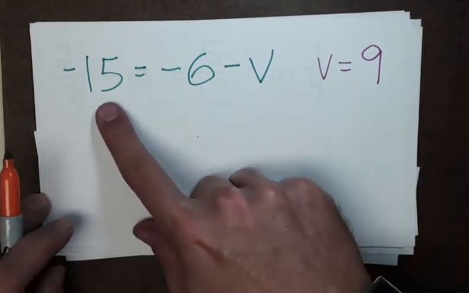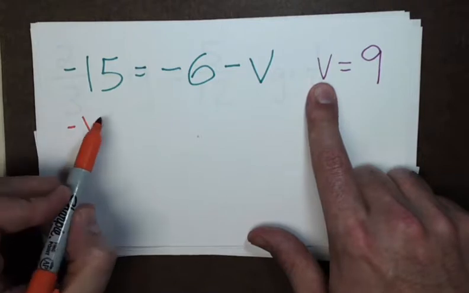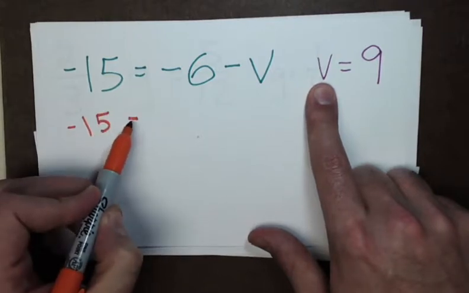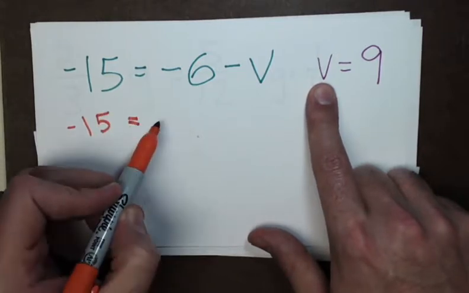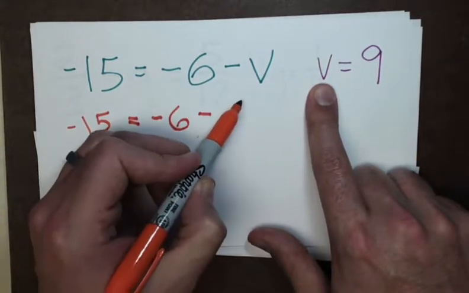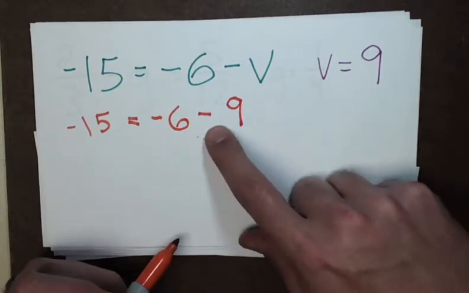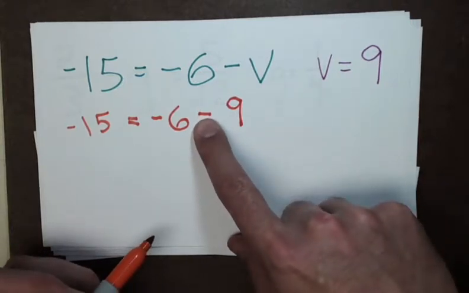Okay, let's go ahead and substitute in for v. So we got negative 15. And is that expression balanced with the expression of negative 6 minus 9? Okay, so we're going to change this to plus the opposite of 9.